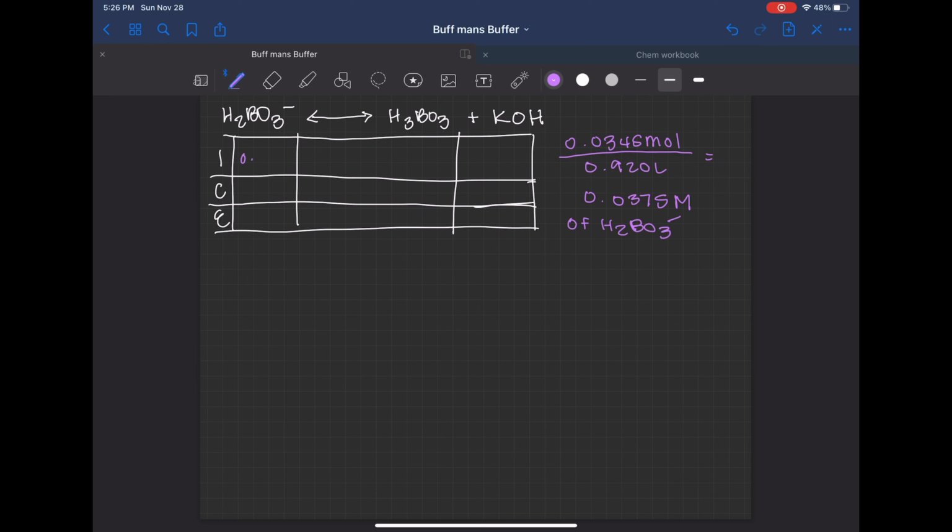And we'll have no initial values for our products, boric acid or potassium hydroxide. To continue our ice table, we'll subtract X from our reactants and add X to our products. We don't yet know the X value, and our change in equilibrium here will be 0.0375 minus X for the reactants, and for the products it'll be just X.